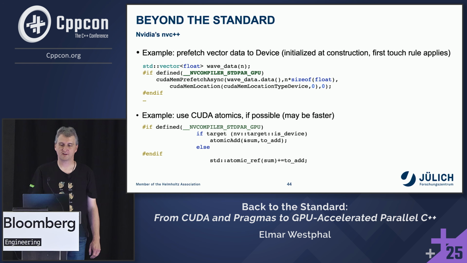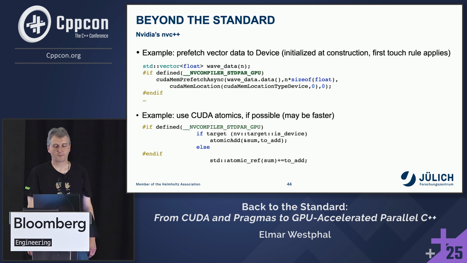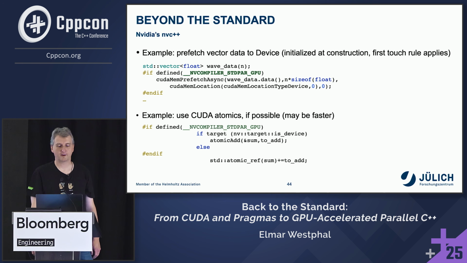You can mitigate some of this by using functions beyond the standard. For example, you can prefetch data to the GPU using the prefetch async functions provided by the libraries, and this happens asynchronously.